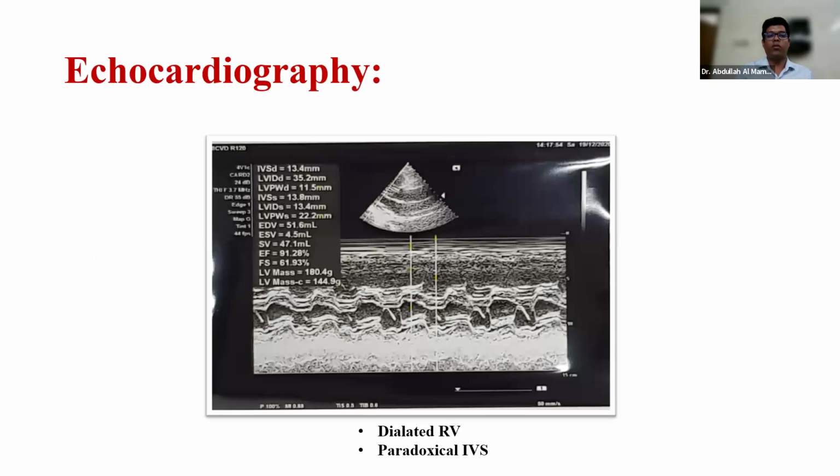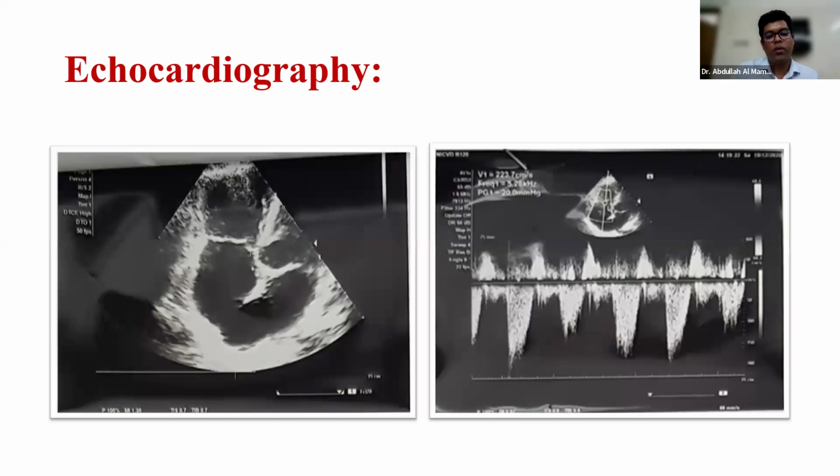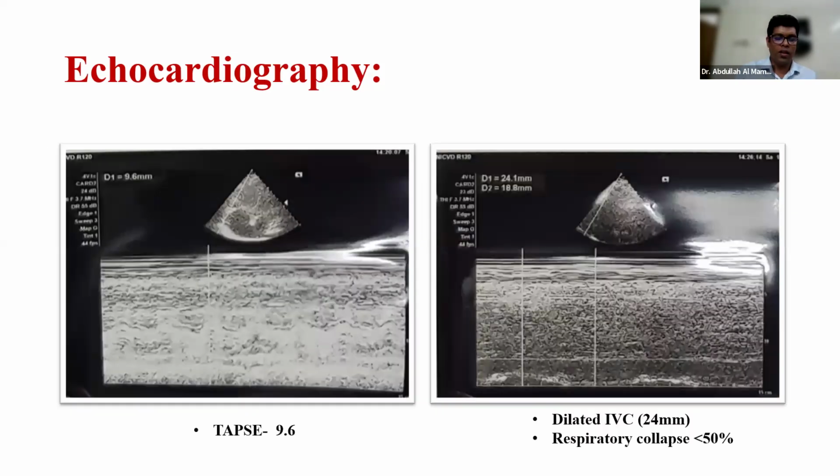And echocardiography shows, we cannot record the full view, so it is a still picture that was taken by mobile. There is a dilated RV with paradoxical interventricular septum motion. The apical four-chamber view shows RV dilated, and there is mild TR.